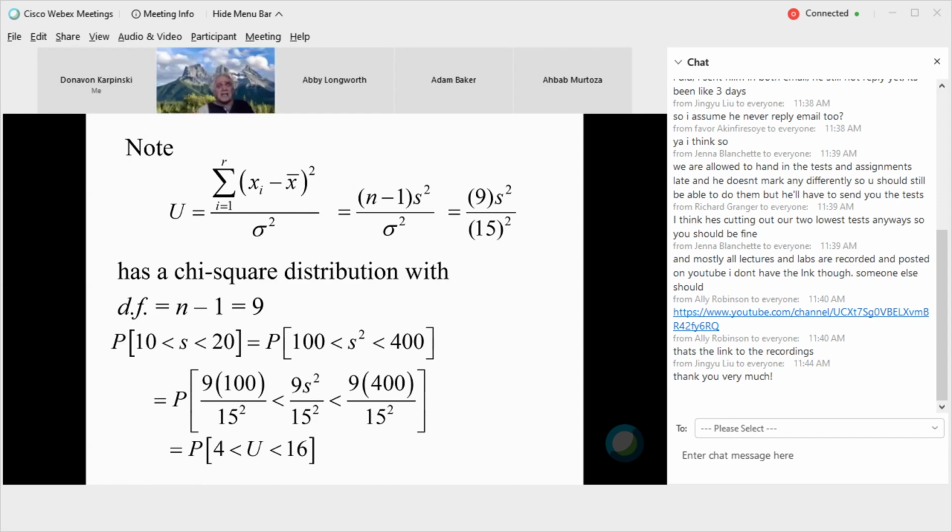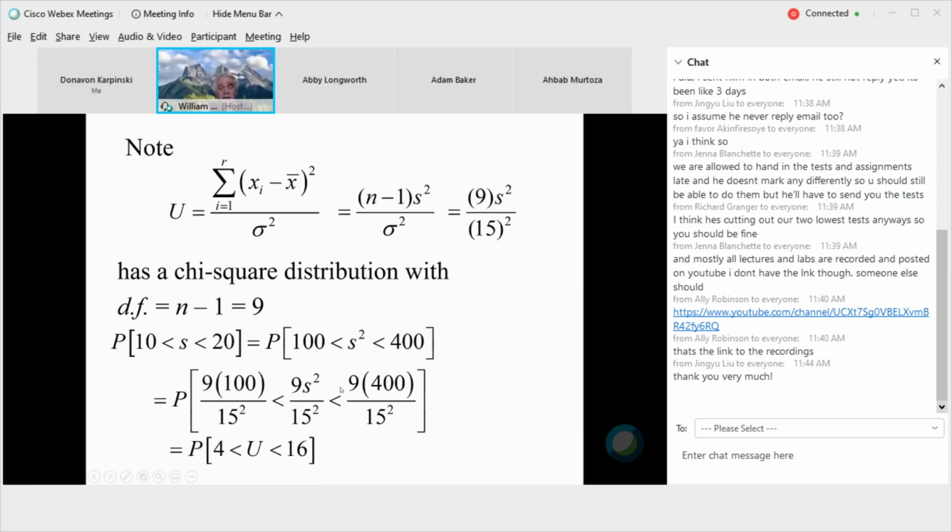This statistic, n minus 1 times s squared over sigma squared, where n minus 1 in this example is 9 and sigma is equal to 15, has a chi-squared distribution with n minus 1 degrees of freedom. So the probability that s is between 10 and 20 is the same as s squared being between 100 and 400.